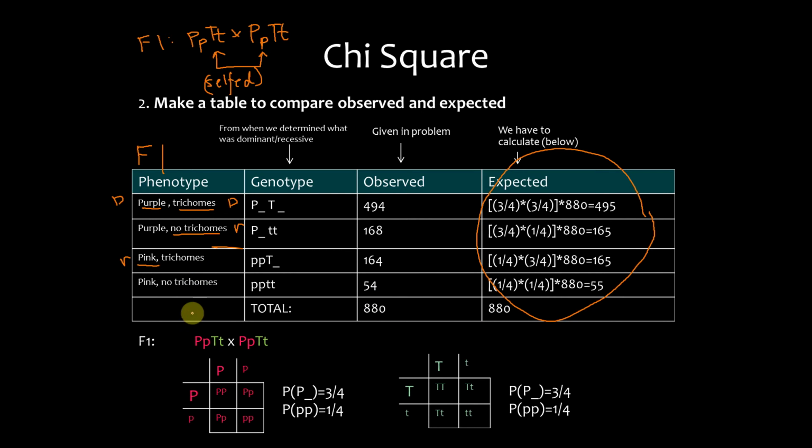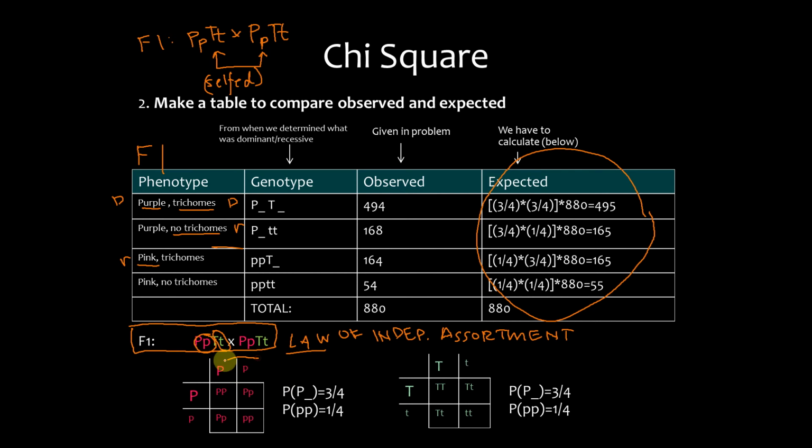Now, again, right down here, here's the F1. How do we even figure out what the expected is? Well, we're going to figure out expected by separating the two genes because of Mendel's law of independent assortment, which means that these two genes, the P gene and the T gene, will segregate independently.